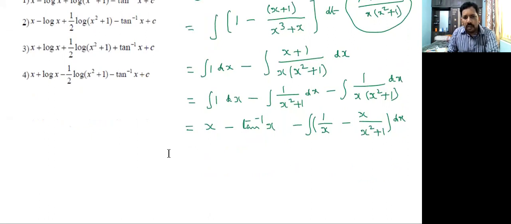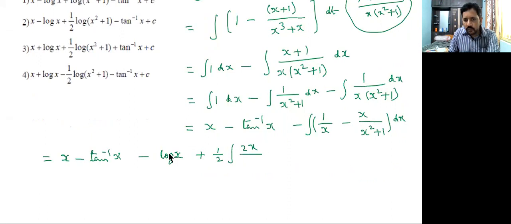Now follow that. That is equal to x minus tan inverse x minus the integral of 1 by x dx, that is log x. Minus into minus is plus; here divide by 2 and multiply by 2, so it is in the form of the integral of f dash of x by f of x dx.